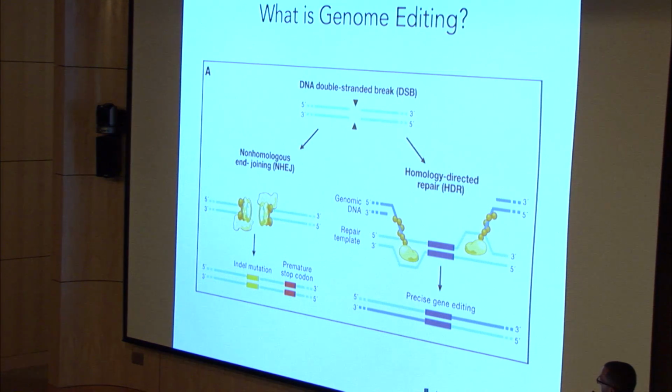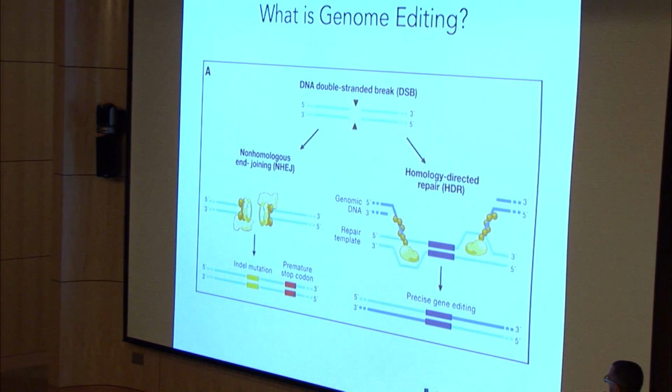If this process happens over and over again, eventually you'll get a mistake in the form of a small insertion or deletion, commonly called an indel, which often will result in a frameshift mutation and a premature stop codon, leading to complete knockout of that gene in a lot of cases.